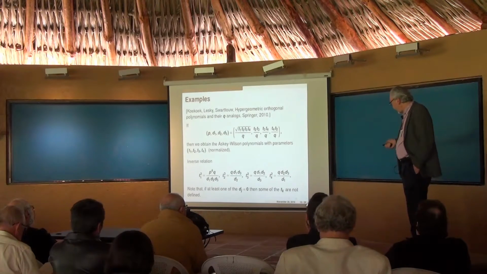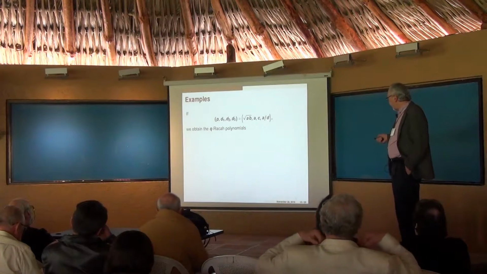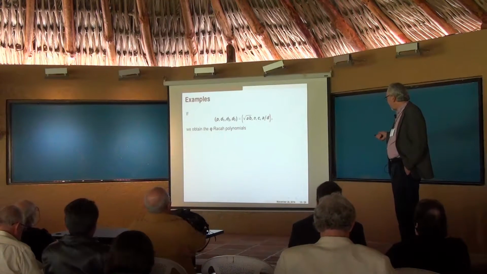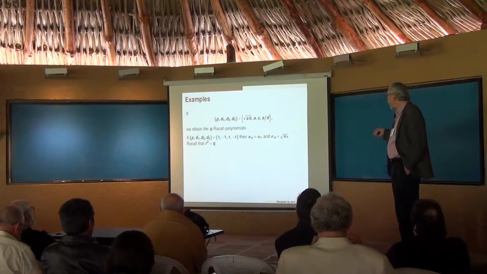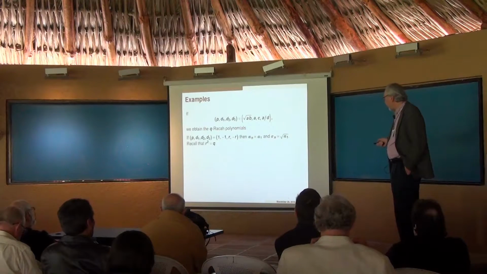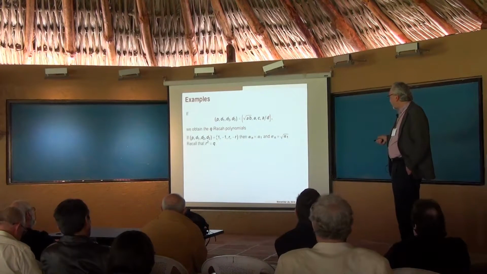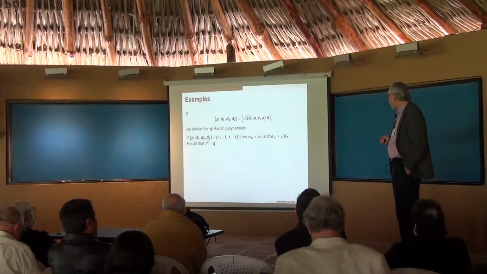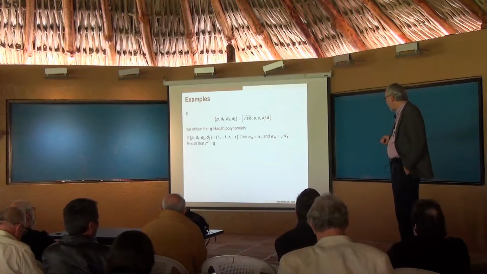Well, I already said that. Another example, if we take those values for the parameters, we get the q-Racah polynomials. So it's a direct substitution. There are no limits here. Another example, with these values, we get a constant sequence for the alphas and a constant sequence for the sigmas or the betas.